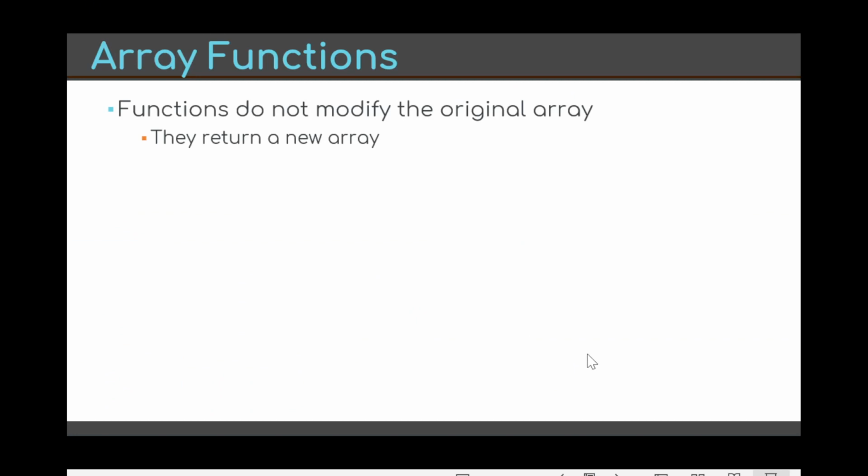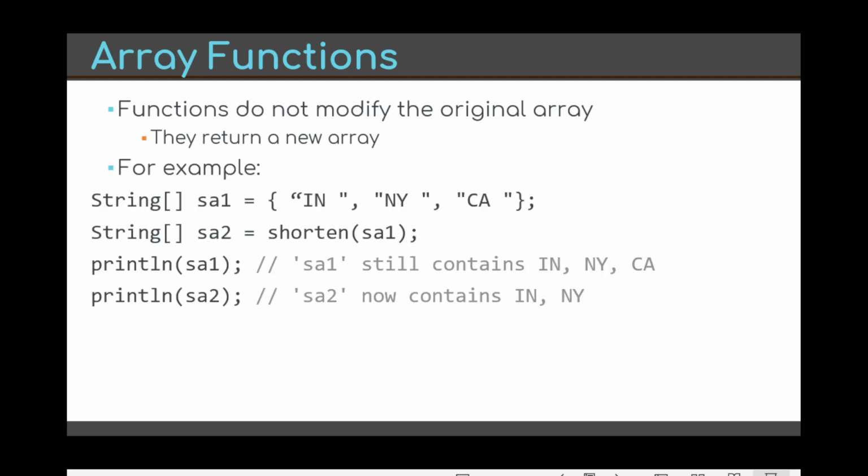There we go. Okay. So these functions, they don't modify the original array, they return a new one. So here's an example. If we have an array of strings called SA1, and we give it a default array with this short notation with 3 strings in it.